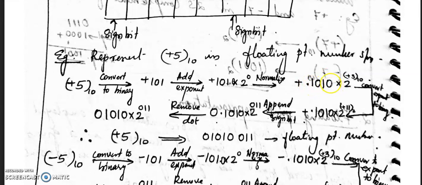This 0 is already there after the point. 101, 3 bits came after the point. So it is 2 power +3, just like we normally say 10 power; since it is binary, we say 2 power. So 3 bits were shifted after the point. So it becomes 2 power +3 in decimal.